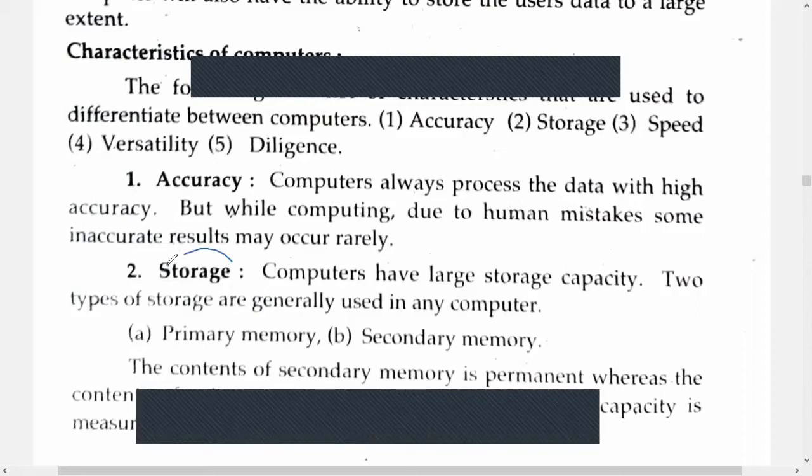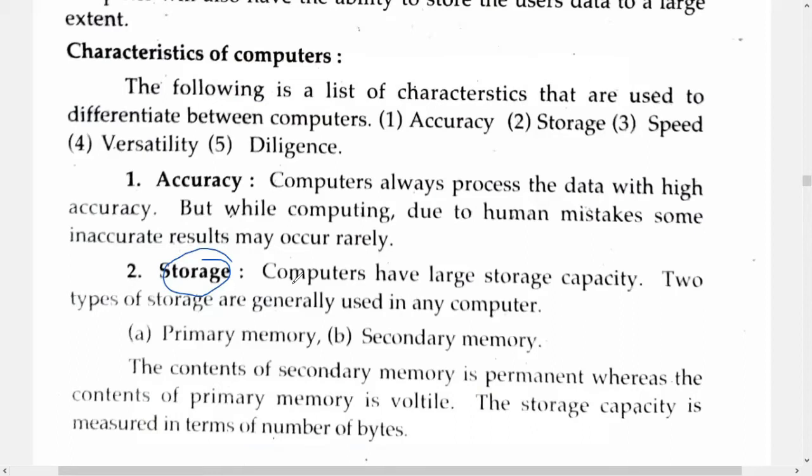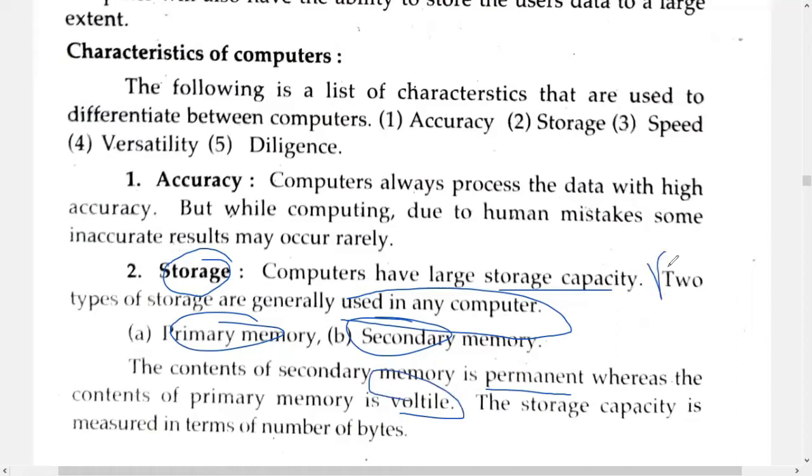Okay, the next characteristic is storage. Computers have large storage capacity. Two types of storage are generally used in any computer, that is primary and secondary memory. The contents of secondary memory are permanent, whereas the contents of primary memory are volatile, where we have discussed RAM and ROM, random access memory and read-only memory.